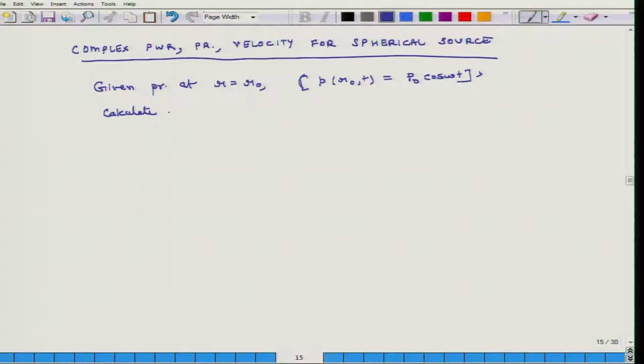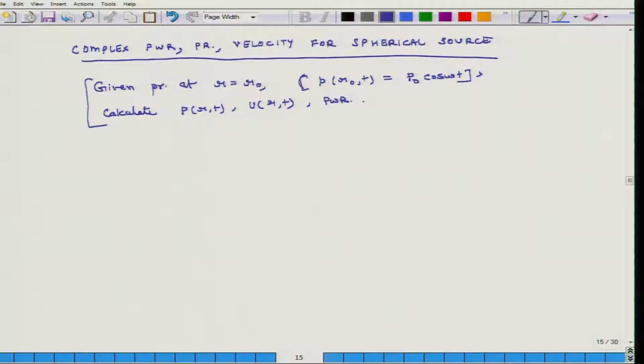Calculate complex pressure, complex velocity and power, or complex power.